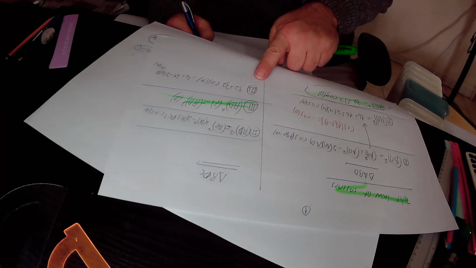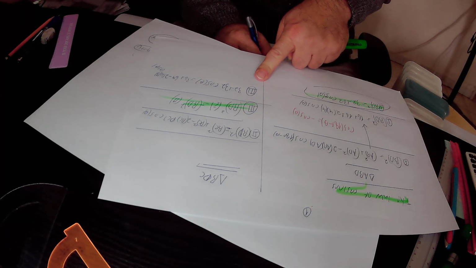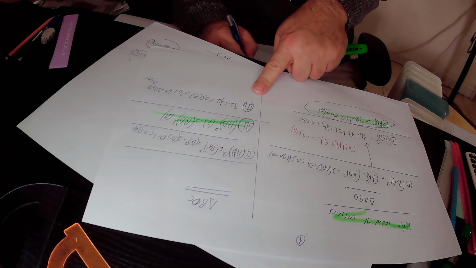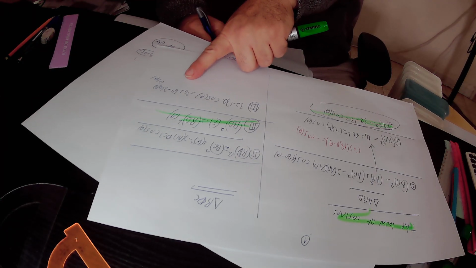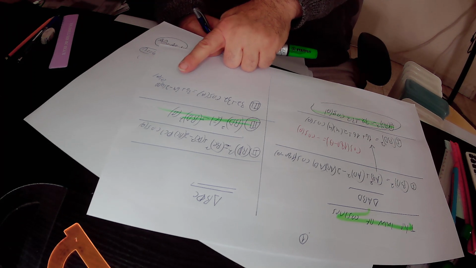So on this side of equation 3, we have 32 plus 32 times cosine theta equals 36 plus 64 is 100, minus 2 times 6 times 8. 6 times 8 is 48, and 48 times 2 is 96.